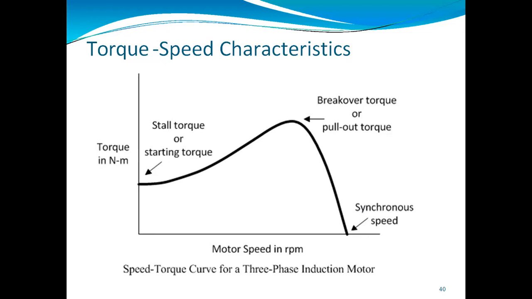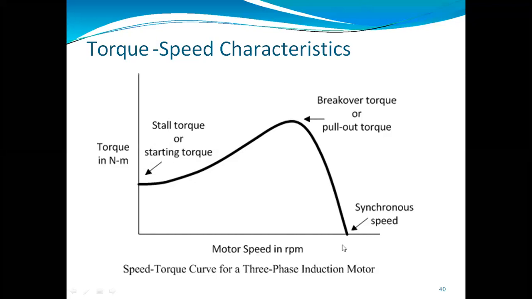So here, what we are supposed to see is, at start, if you take any value of starting torque, the value of torque will increase up to the pull out torque. And when the torque reaches the pull out, or you can say the breakover, it means that it increases linearly, and after that the value decreases, because here we are considering rotor speed N equal to 0.